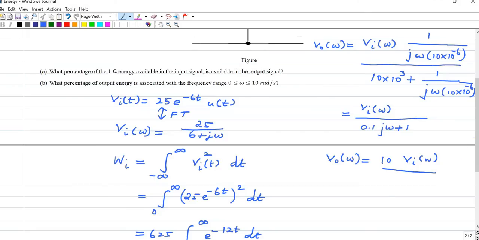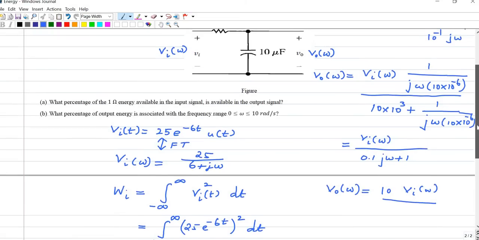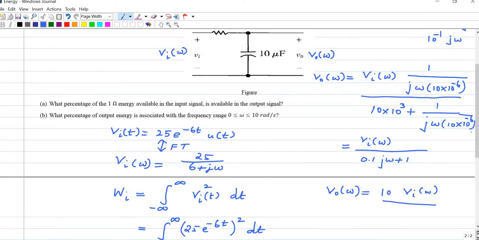Anything is wrong here? V naught of omega is Vi of omega 1 over j omega 10 into 10 power minus 6.